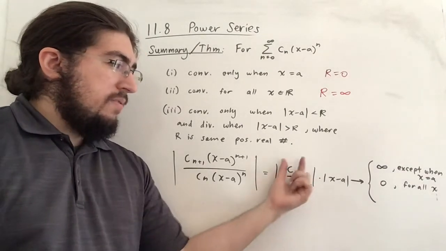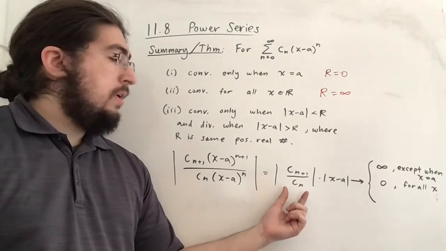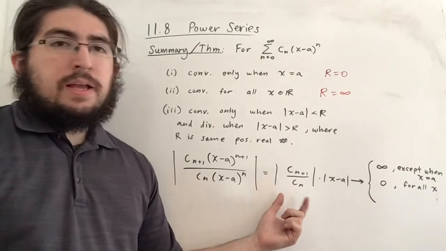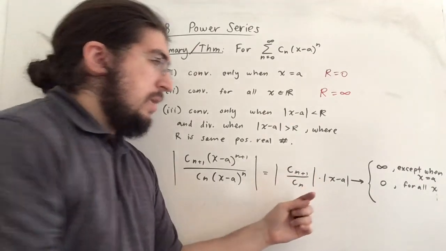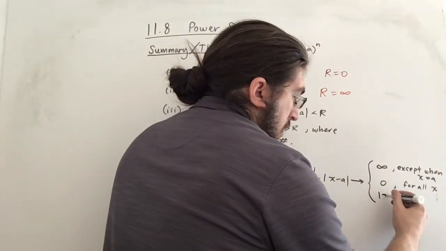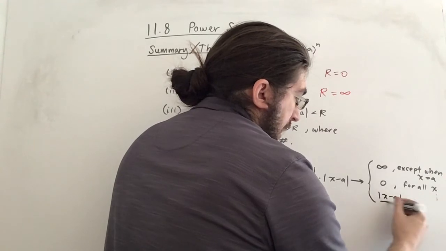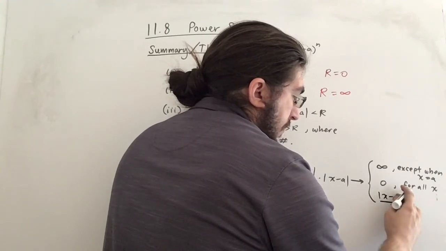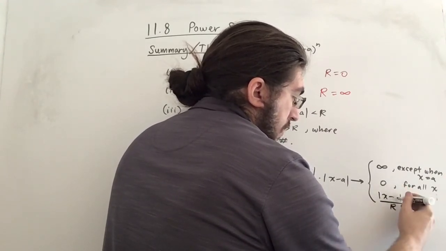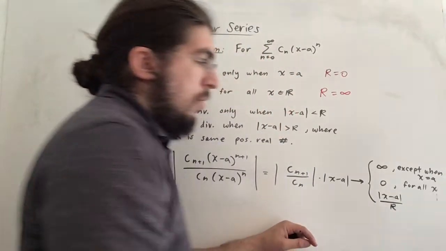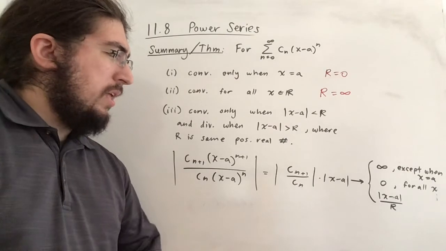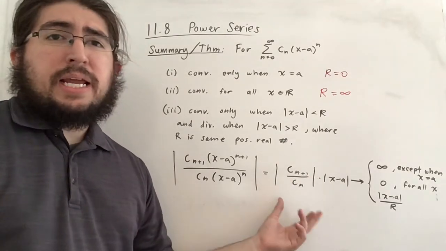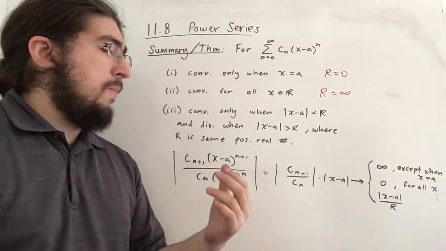And otherwise, if this goes to some other real number, and you can call it 1 over r, which I know sounds silly, then that means this thing will approach the absolute value of x minus a over r, where r is just some positive real number. I know that sounds funny, but since we're taking absolute values, it's going to be positive no matter what.